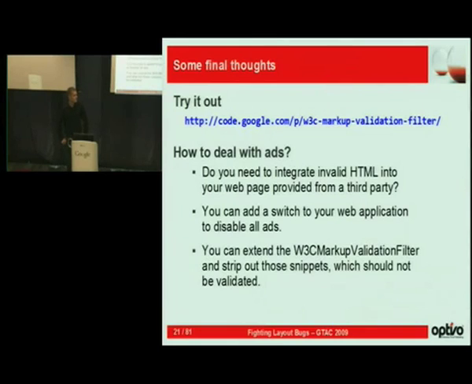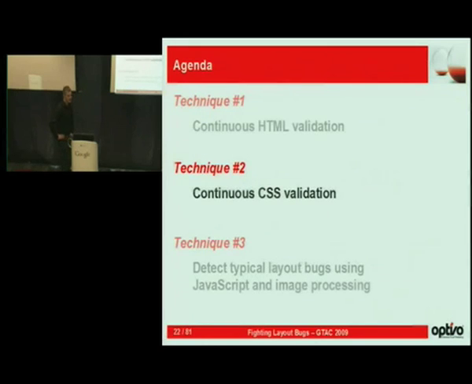Well, the easiest thing to do is to have some special HTML comments in your produced HTML, and then extend the servlet filter. And before you send the HTML to the validation service, just strip out those third-party HTML snippets which you are not interested in validating. So you only check your own HTML which is surrounding those snippets. Yeah, so much for technique number one.